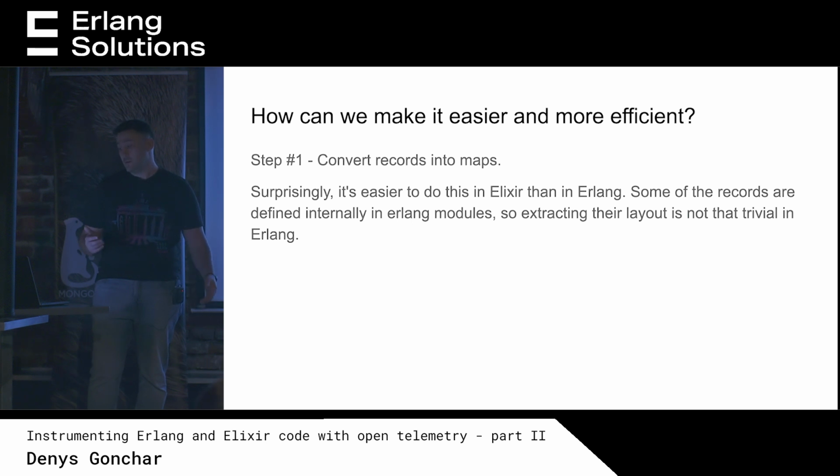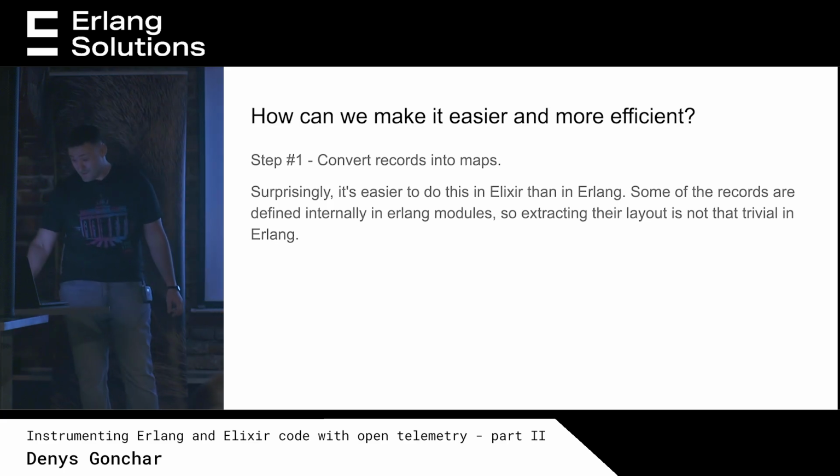And you can just use this internal records module, because you analyze the code. For Erlang, you have to analyze the bin file and extract the record definitions from debug info. Well, that was an interesting task for me to do.